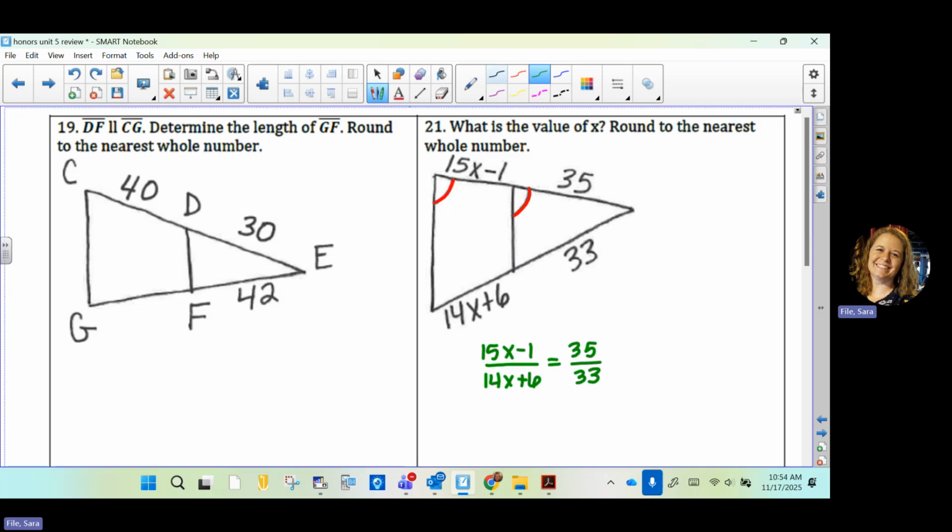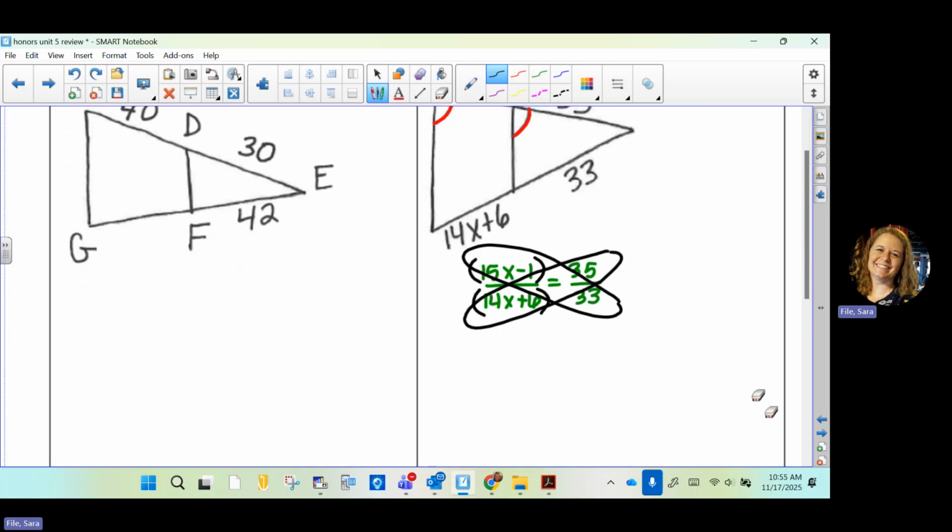But now when I go to cross multiply, this is not a basic one because I've got these expressions. So I have to remember when I'm cross multiplying that 35 has to be distributed to both the 14x and the 6. That 33 has to be distributed to both the 15x and the minus 1. Now, some of you will distribute in your head and write the next line.